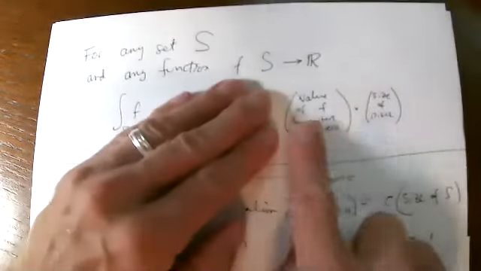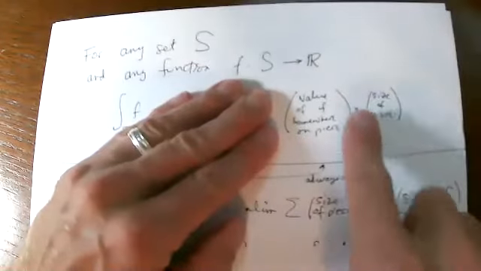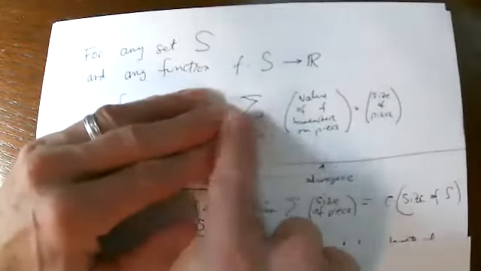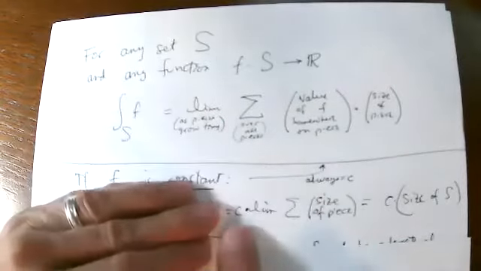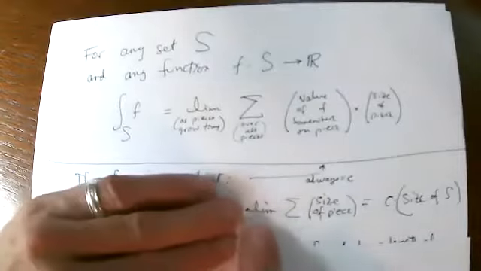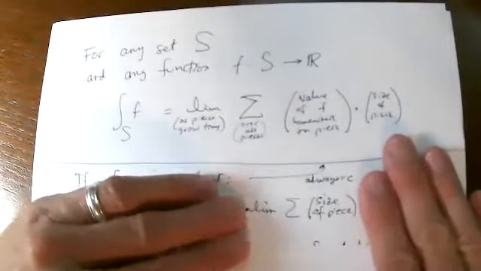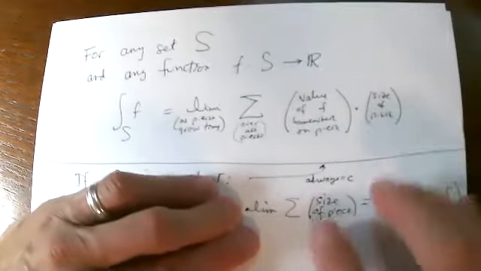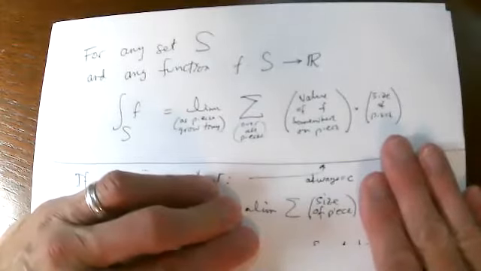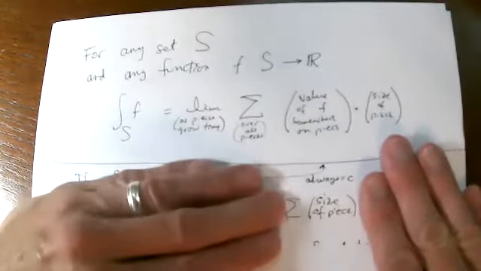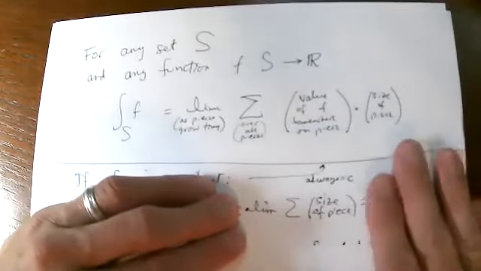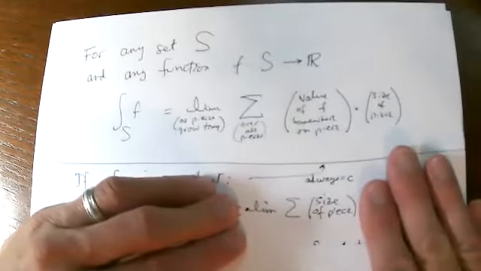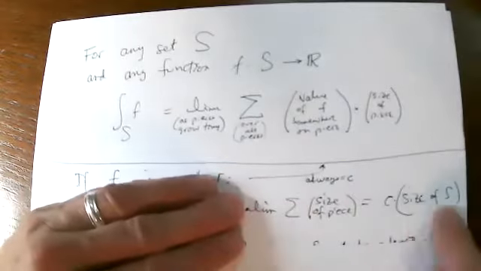And so you'll be having c times the sizes of the pieces. If that's a constant, you can pull it outside of this sum. And again, if it's a constant, you can pull it outside of this limit. So all you end up with is c times the limit, as the pieces grow tiny, of the sum of the sizes of the pieces. Well, when you add together the sizes of the pieces, you just get the size of the whole set. It doesn't matter when you take a limit or not. The sum of the sizes of the pieces is the size of the whole set.